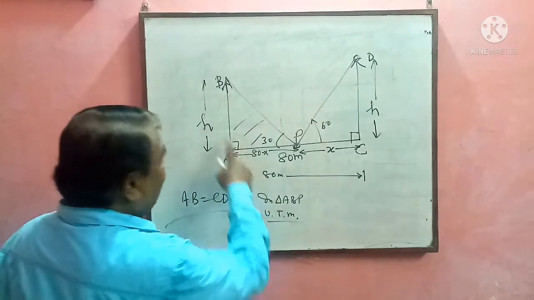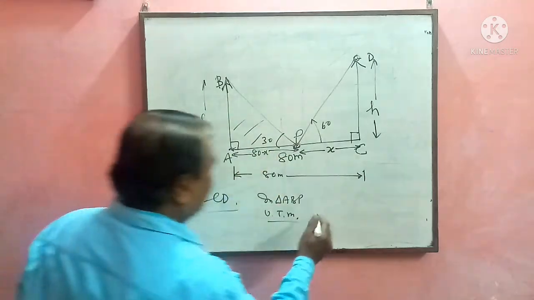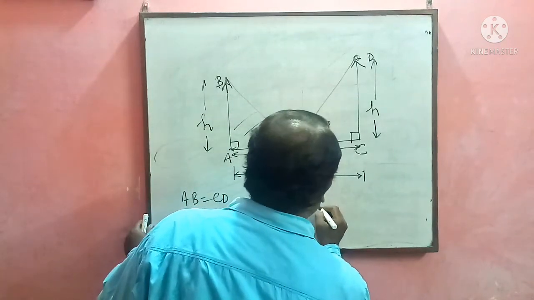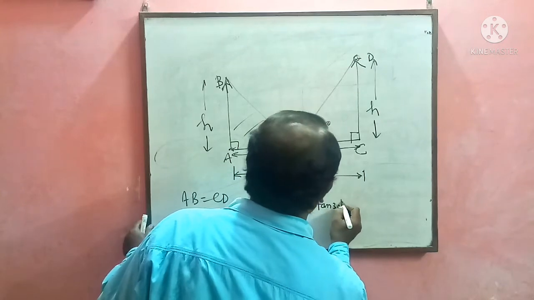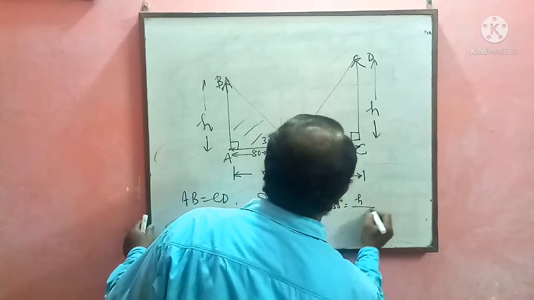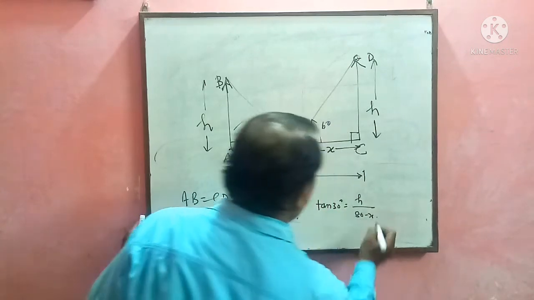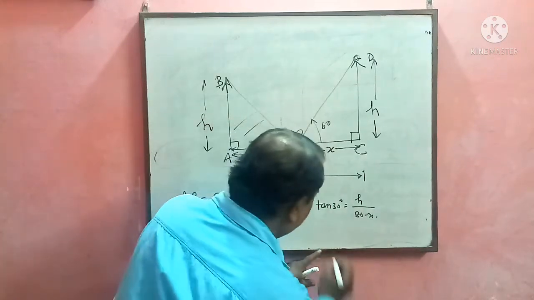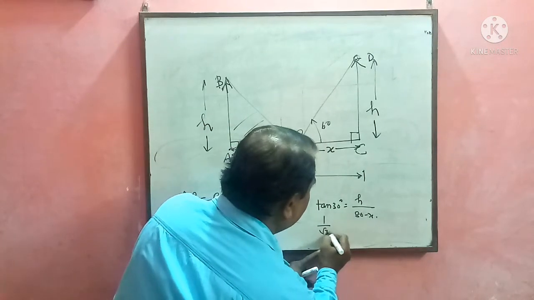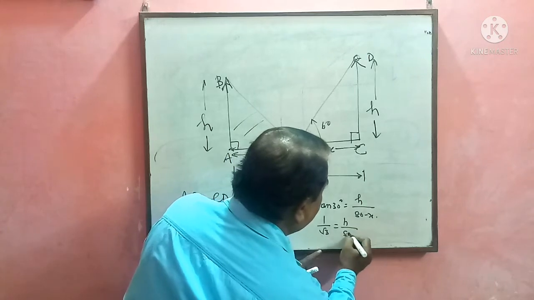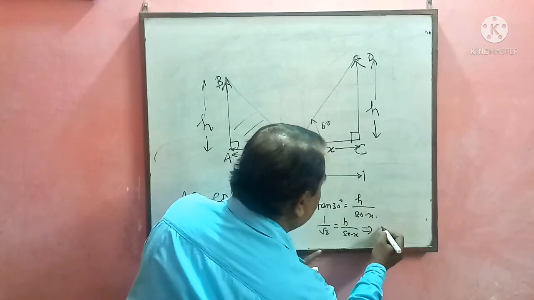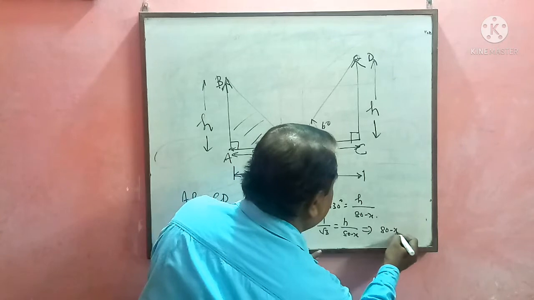Now in triangle APB, tan 30 is equal to h upon 80 minus x. Now you see 1 upon root 3 is equal to h upon 80 minus x. So this is 80 minus x is equal to root 3 h.